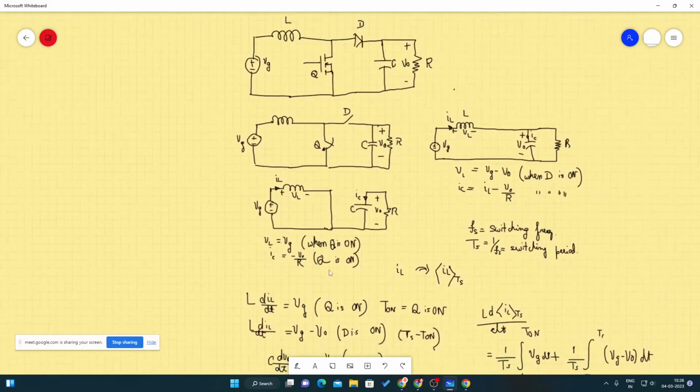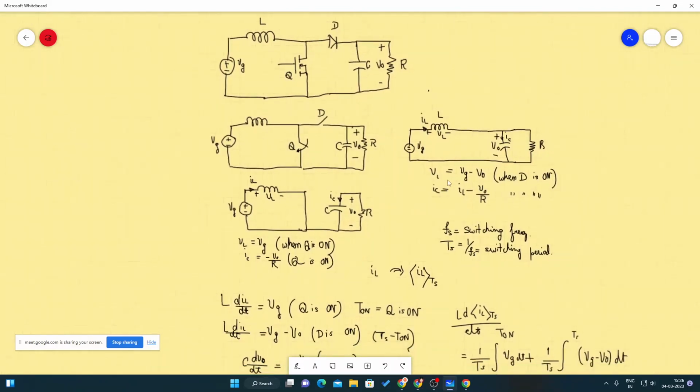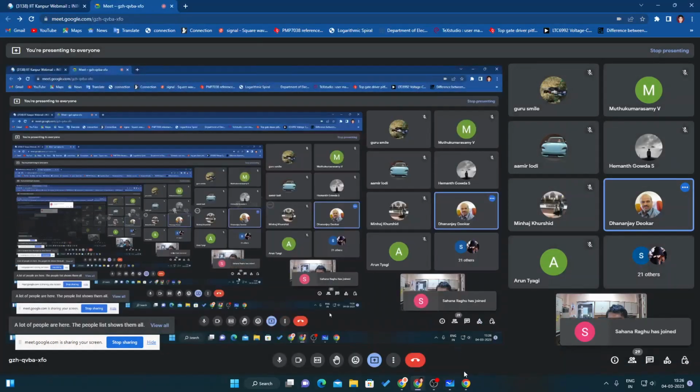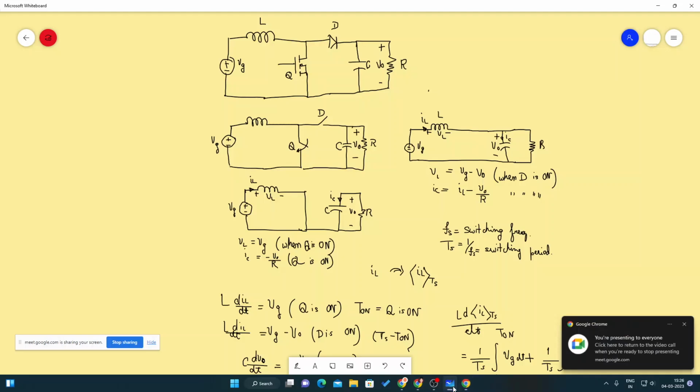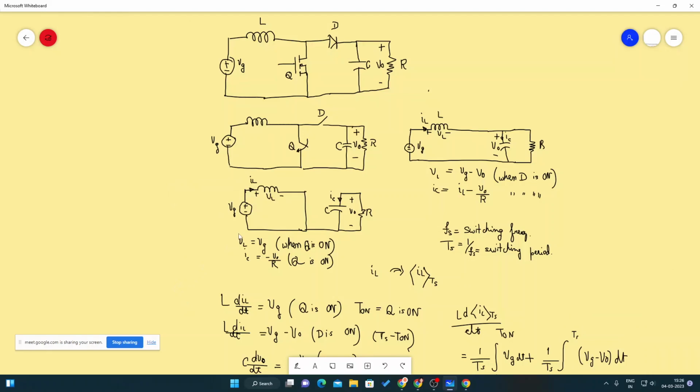Here also charge is lost from the capacitor, charge is going towards the load. Any doubt? So we got how much charge is coming out of the capacitor.